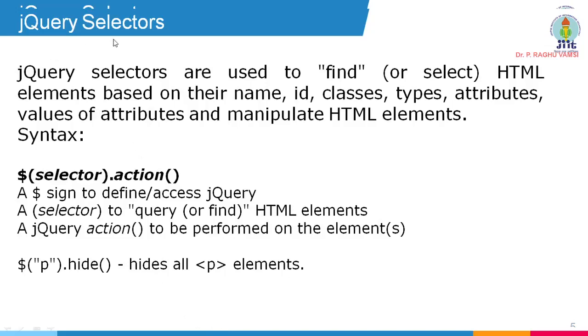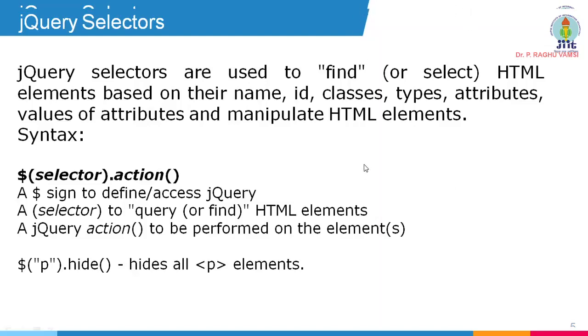The main thing in jQuery is the selectors. jQuery selectors are used to find or select HTML elements based on their name, ID, classes, types, attributes, and values of attributes, and to manipulate the HTML elements. So how do we select these? Here, attributes are nothing but the tags that you use in your body tag.